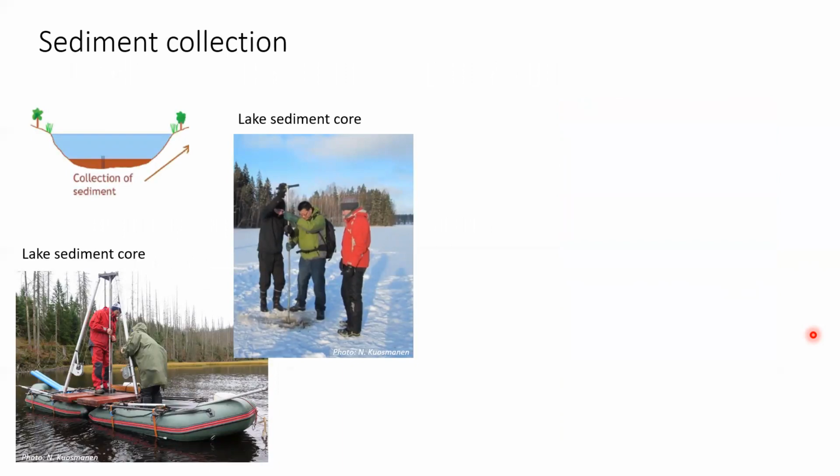Basically from the lake, you can take a long core if the aim is to study the whole Holocene, and usually this could be done, for example, with this kind of platform developed, or there are different ways, but then you can take a core from the lake sediments with these devices. In Northern Europe, and especially in Finland, it's easy to go during winter, because then you can just make the coring on ice or through ice.